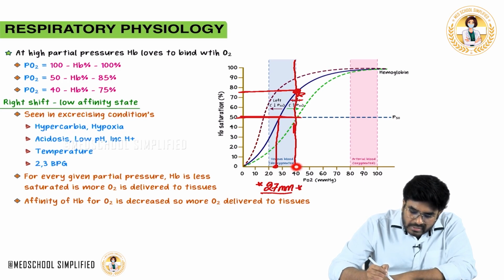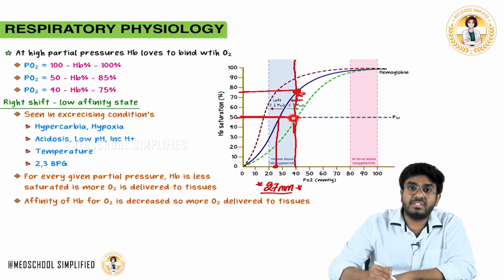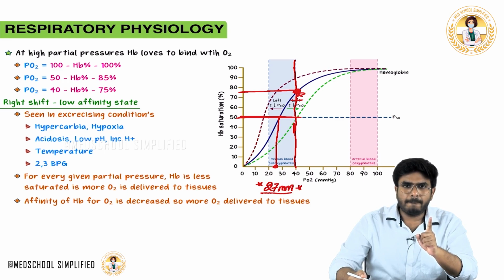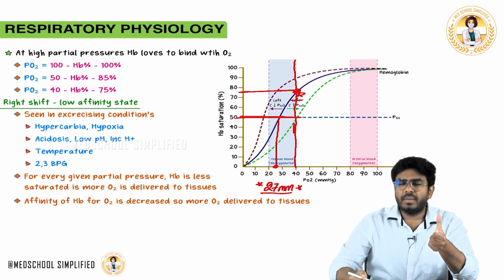At the same 40 mmHg partial pressure, how much percent saturated is hemoglobin? At 40 mmHg partial pressure, hemoglobin is 50% saturated, which means how many molecules are delivered to the tissues? 2 molecules. In a normal person, if the partial pressure of oxygen is 40 mmHg, how many molecules are delivered to the tissues? Only 1 molecule is delivered to the tissues.